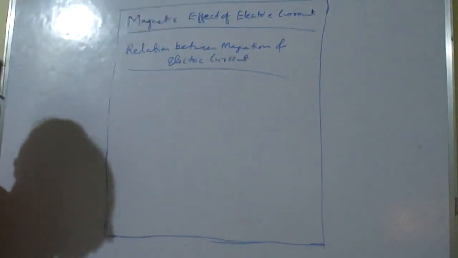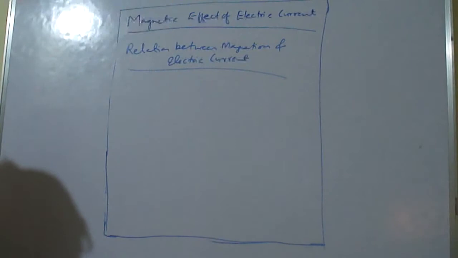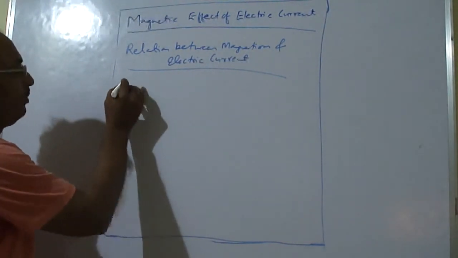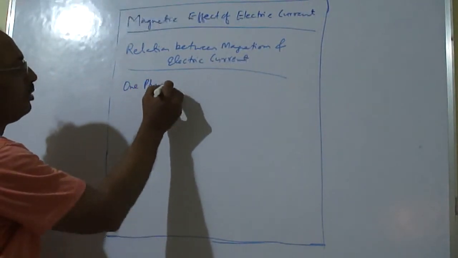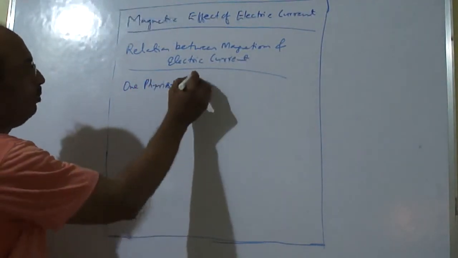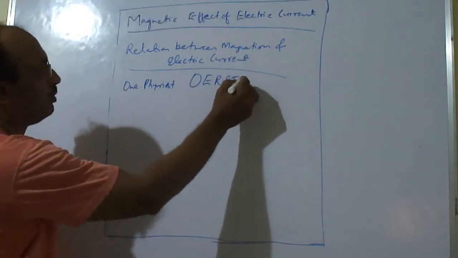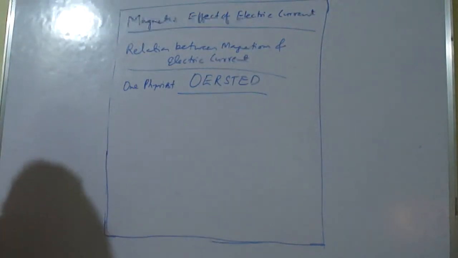See what happened? Oersted, one physicist. His name was Oersted. What he found was an accidental discovery.